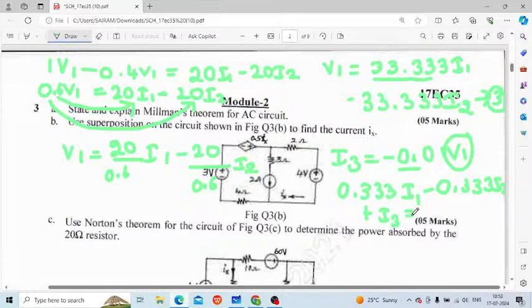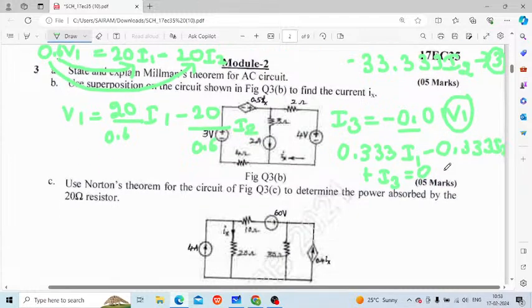You substitute V1, minus 0.01, multiply both, and you will get the proper resultant. So this is what you get, and this is my equation number 4.